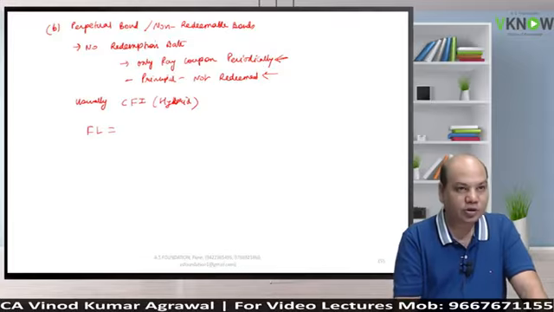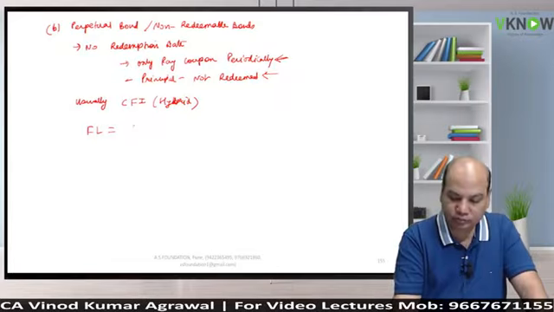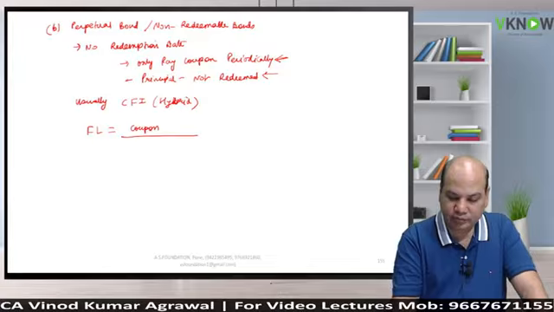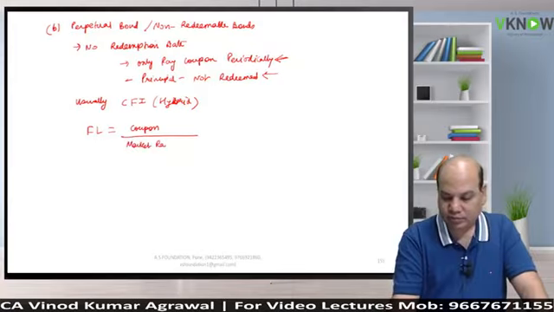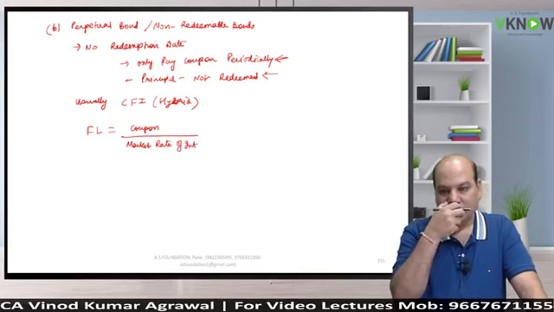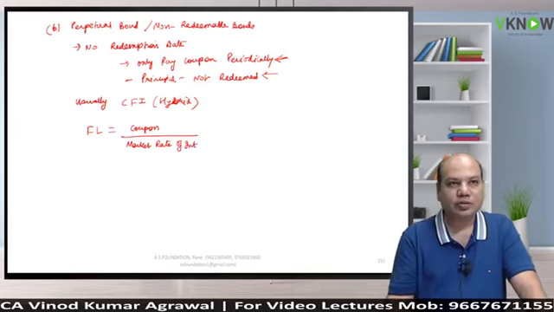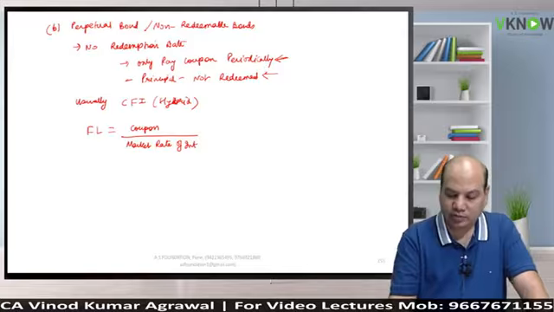So write one formula there. Financial liability will be equal to coupon divided by market rate of interest. And what about equity?